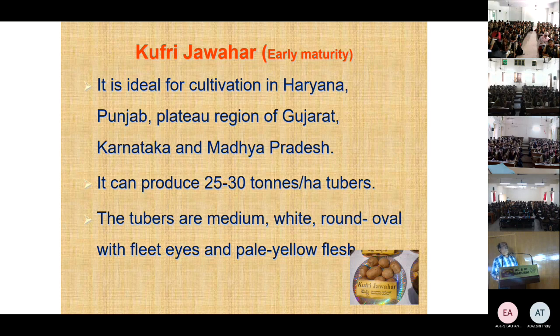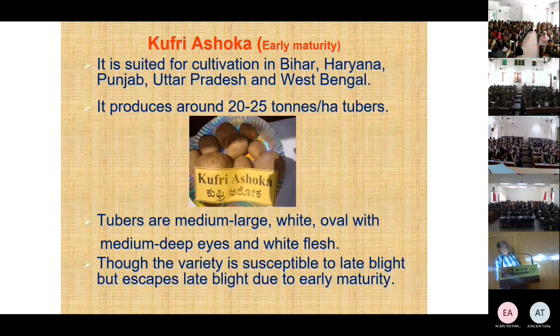Kufri Jawahar is also an early maturing variety and ideal for cultivation in Haryana, Punjab and Gujarat. It can produce 25 to 30 tons of tubers, medium white, round oval with fleet eyes and pale yellow flesh. Kufri Asoka is cultivated in Bihar, Haryana, Punjab, Uttar Pradesh and West Bengal.